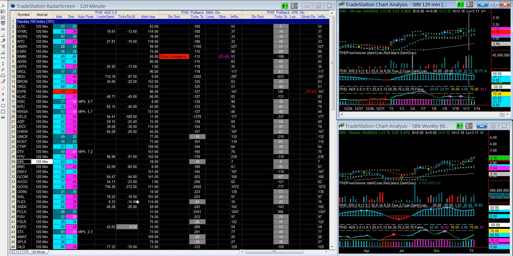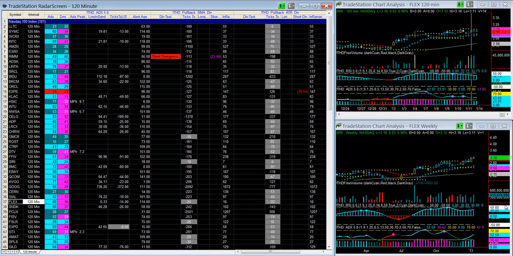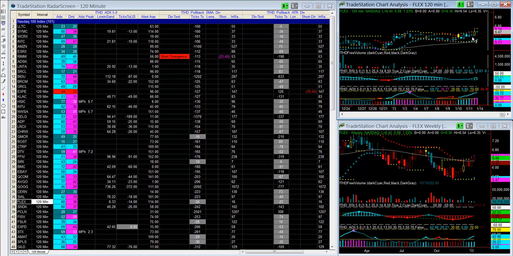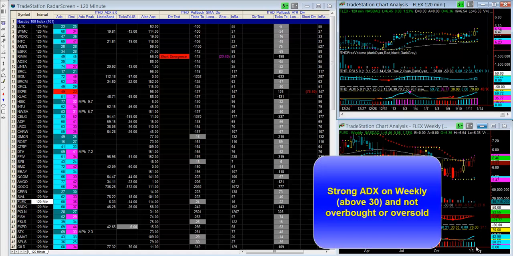Let's go to the next one, which is FLEX. As you can see, this is quite a distance off of the SMA. Again, this is because I set the highlight ticks to 100, and since this is a low value stock, it's sitting off of the SMA. The one thing I would note though is that you have a bright blue here on the weekly.